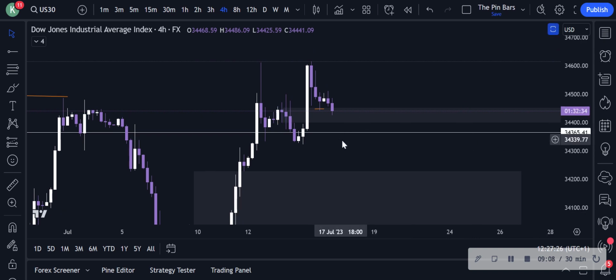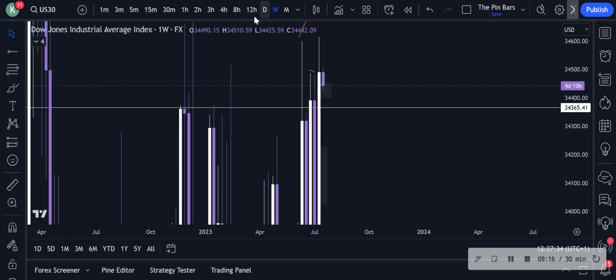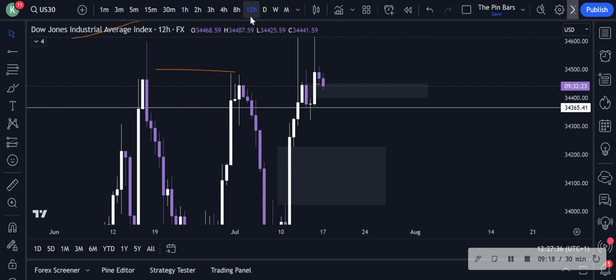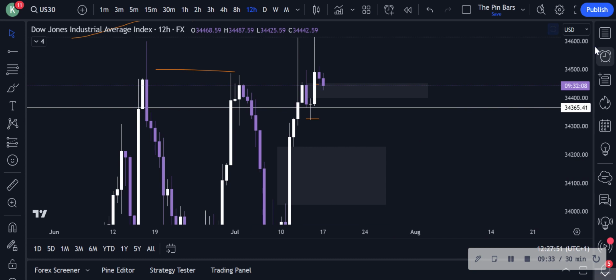So a small retracement is what I'm looking for. I'm not looking for a bearish trend right now because I don't see bearish momentum happening on the daily. I do really need to see a break of structure to the downside before I decide that we are bearish. In this instance, I have a low right here, so this is what I will be looking at to see where price really goes and where it retraces.